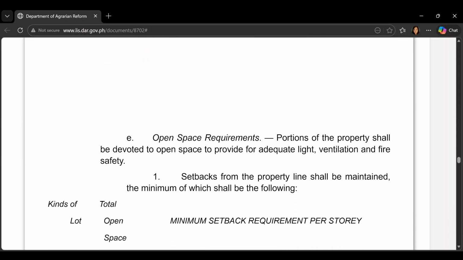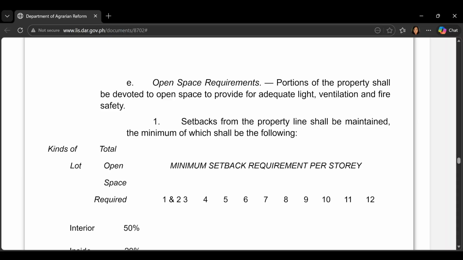E. Open space requirements. Portions of the property shall be devoted to open space to provide for adequate light, ventilation, and fire safety. 1. Setbacks from the property line shall be maintained, the minimum of which shall be the following.